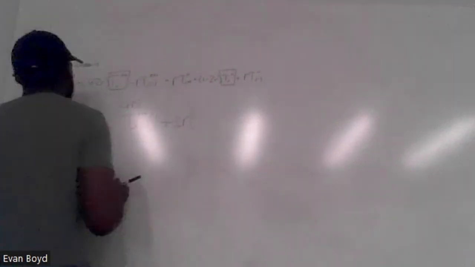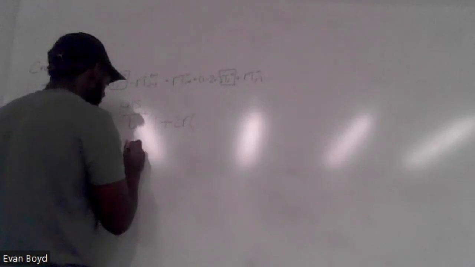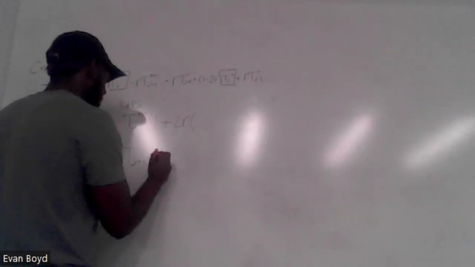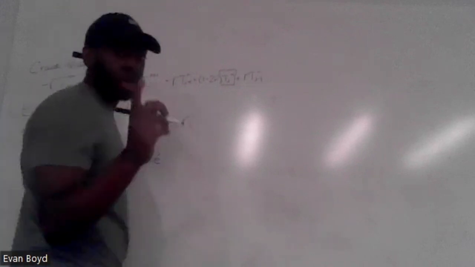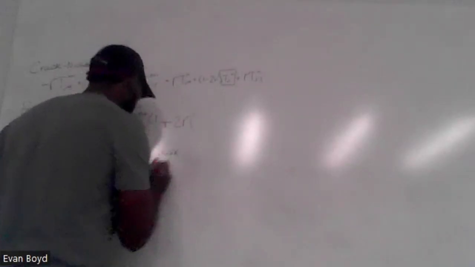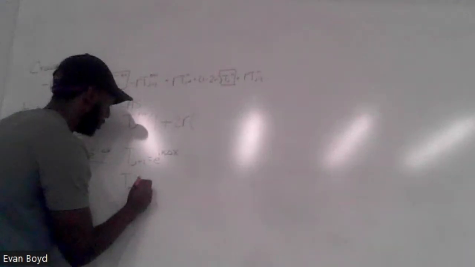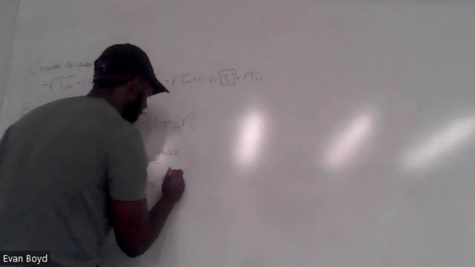Then inside the next bracket would be your first point, T j plus 1 of n plus 1. If you remember, we stated last time that T j plus 1 is equal to e to the i k delta x, and T j minus 1 is equal to e to the negative i k delta x.